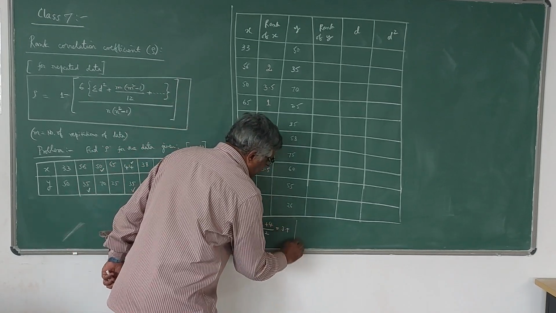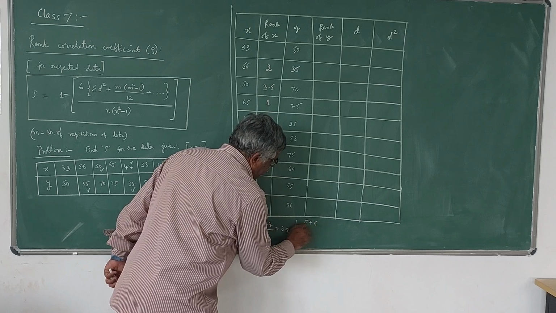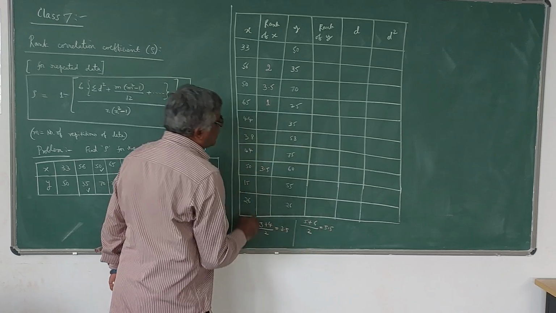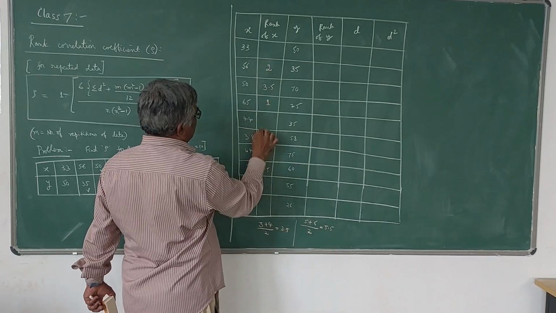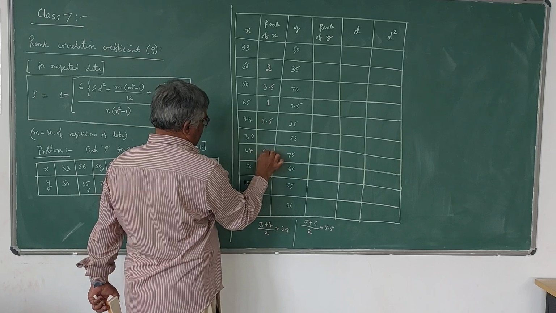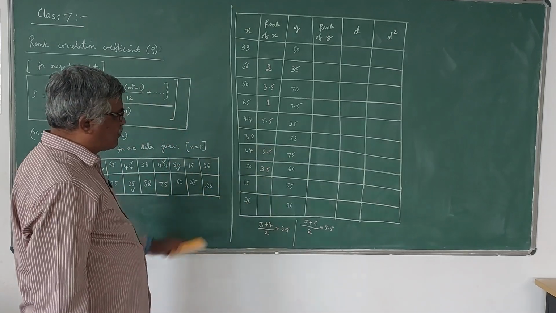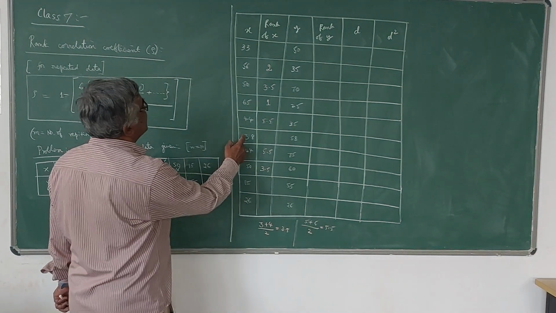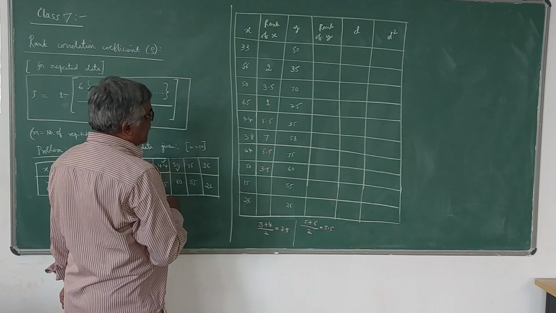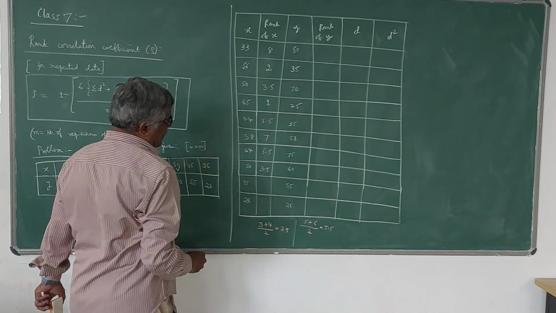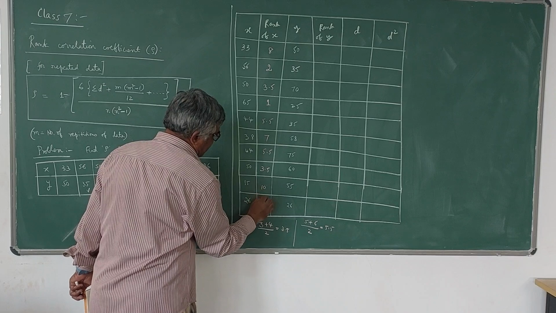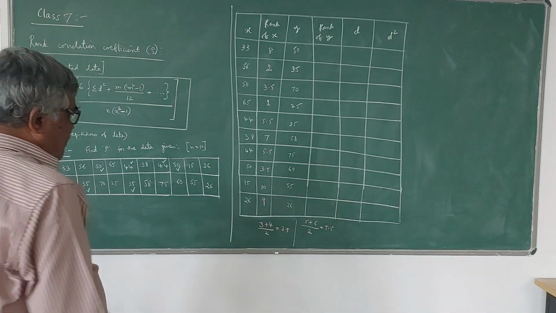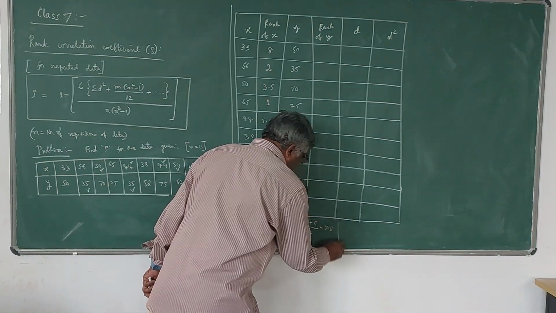That means ranks 5 and 6, so 5 plus 6 divided by 2 is 5.5. You assign 5.5 to both. Next, the seventh rank is 38, the 8th rank is 33, the 9th rank is 26, and the 10th rank is 15. Please see the procedure: if the values are repeated, we have to take the average. Similarly, we have to do this for y.